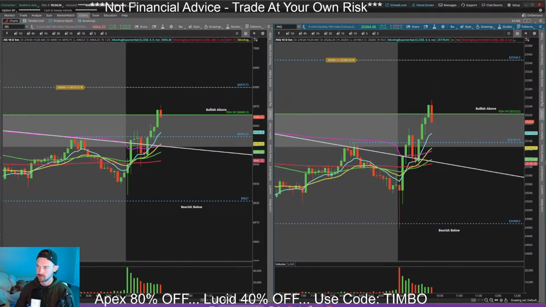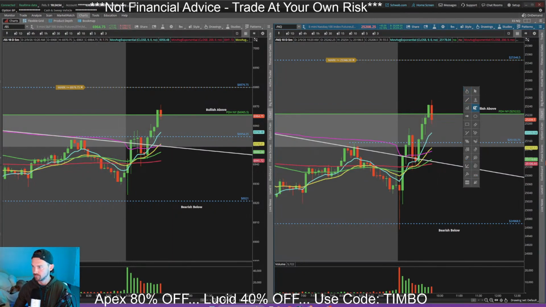NQ back down to that 200 level. ES is still trying to hold up there on that previous day high. But we were definitely due for some profit taking after a pretty good push there.